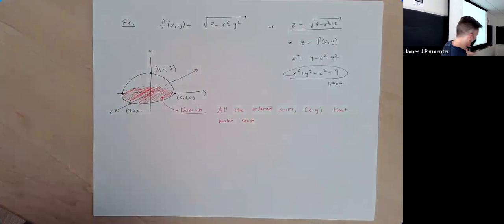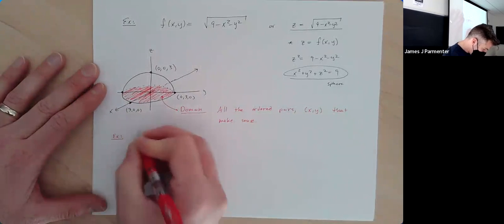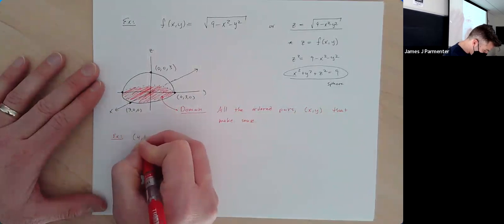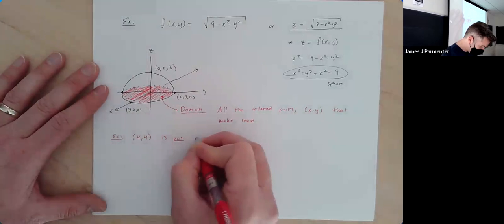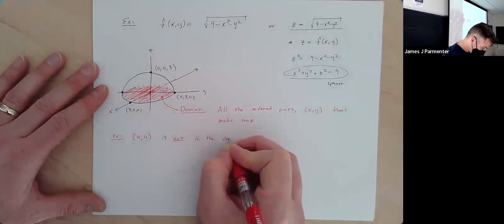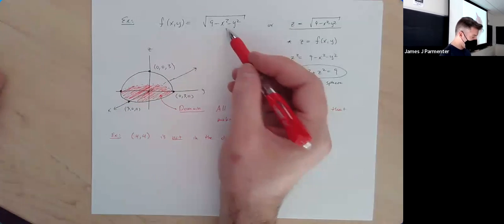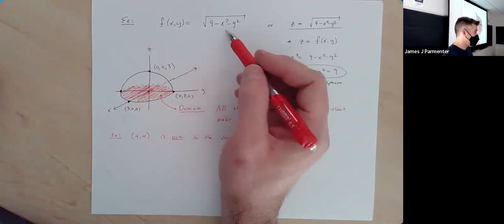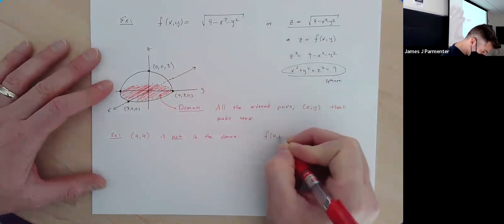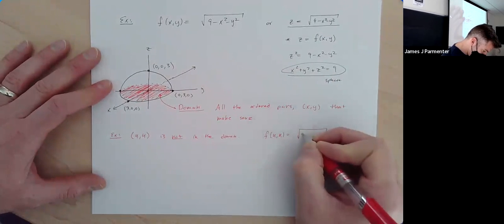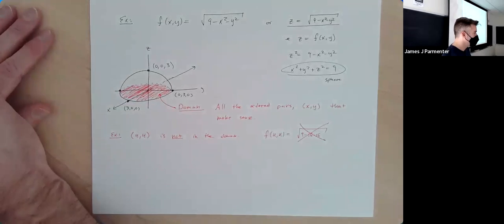To be super explicit about it, the point 4 comma 4 is not in the domain. If you plug in 4 comma 4 for x and y, you're going to get the square root of something negative. Doesn't work.